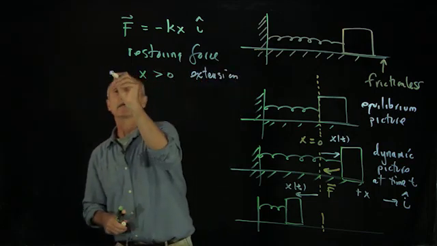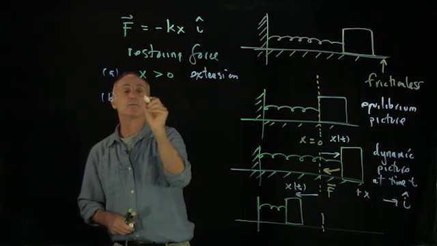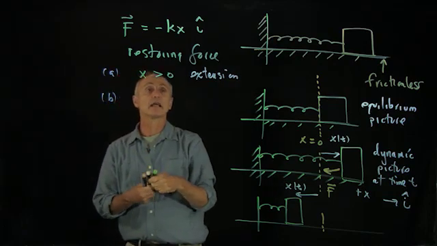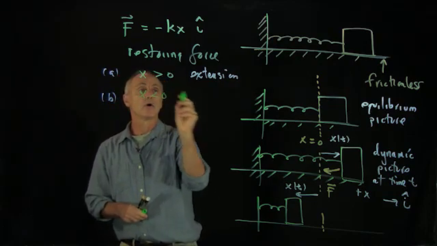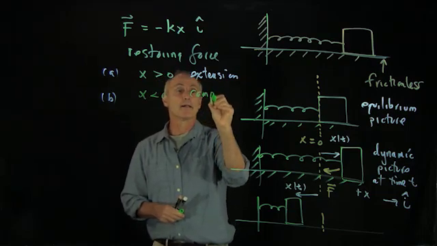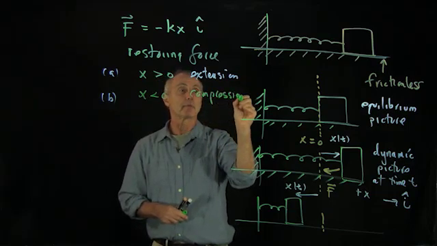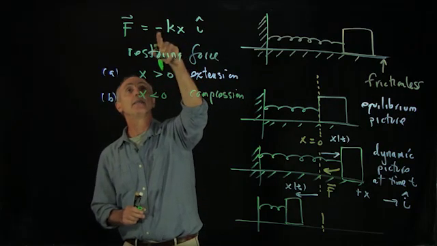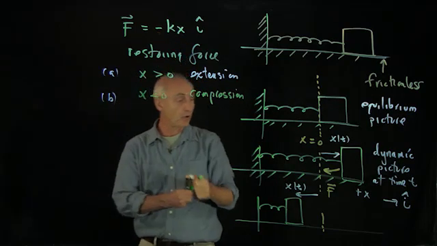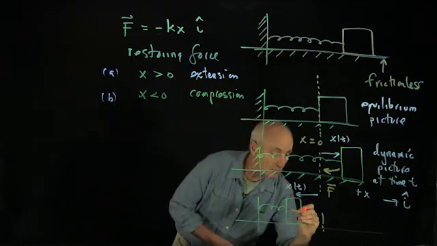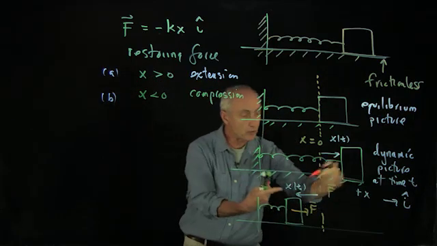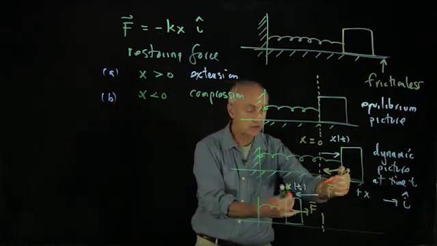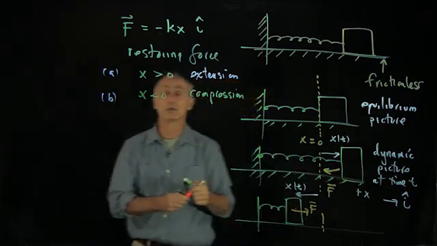So we'll call the extension case A. And case B, when x is less than 0, it's under compression. And then we see that with x negative and the additional minus sign, the force is in the positive direction. And so in both instances, the force is a restoring force back to equilibrium.